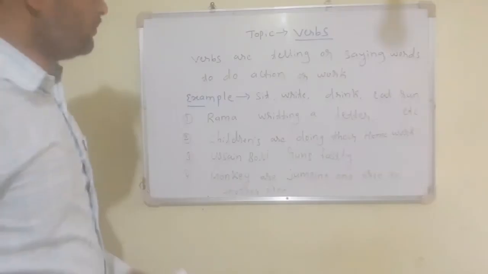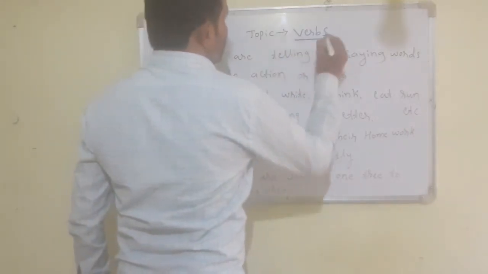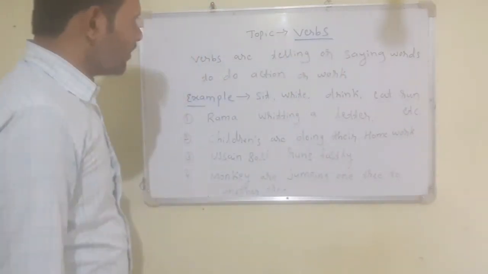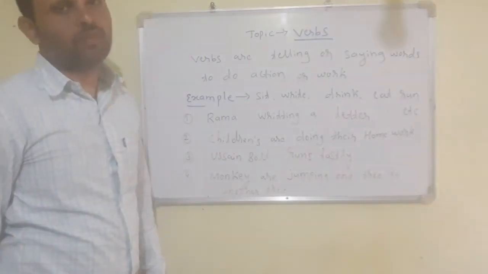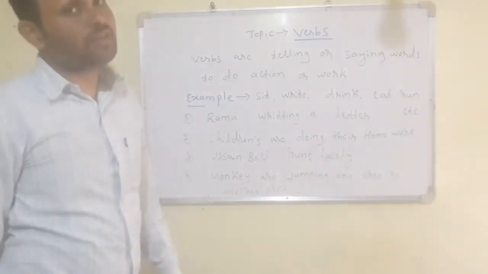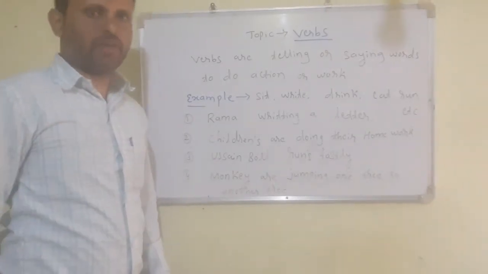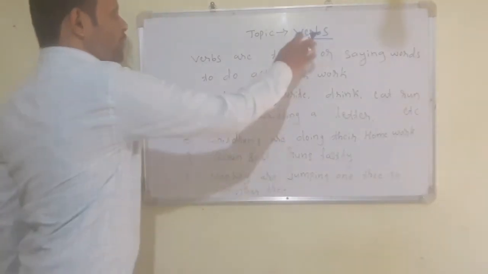Now we are going to discuss the verb, another part of speech. Verbs are nothing but action words, or whatever work is going on in a sentence. Those words telling the work are called verbs.